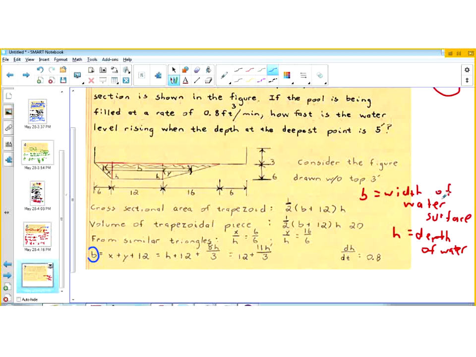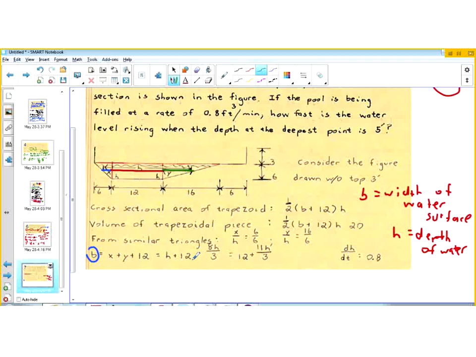So it turns out that the B value, remember, B is the width of the water surface in the pool, is equal to X, which is this distance, plus 12, which is this distance, plus Y, which is this distance.